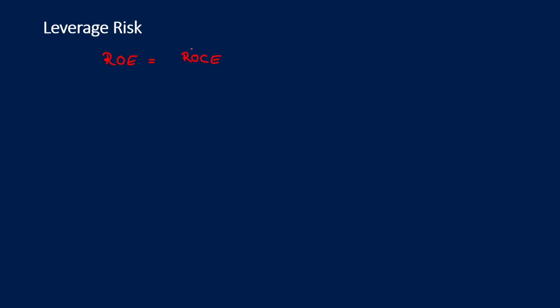That is now meant to be not constant, so a random number, plus ROCE, again random, minus the interest rate, times our leverage ratio, and in brackets, times 1 minus t.